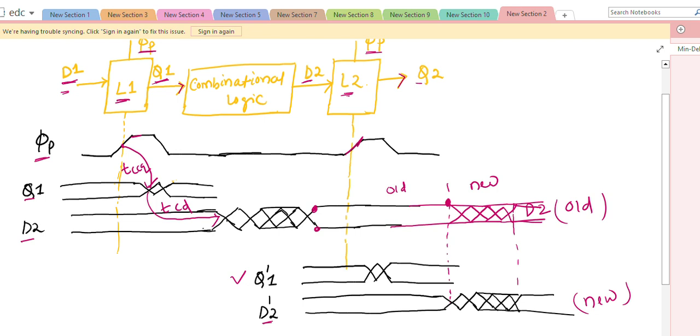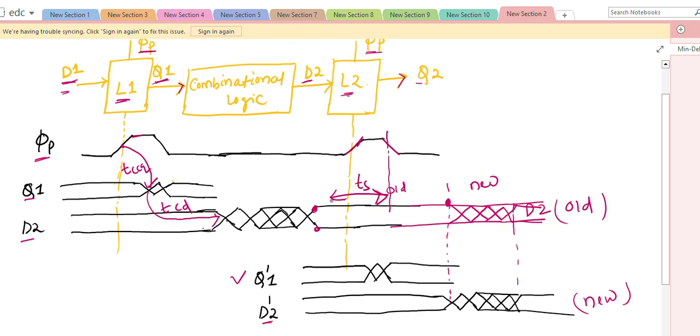Now the problem will be here. We know that a latch must satisfy the setup and hold time at the falling edge. For a flip-flop, the setup and hold time are satisfied at the rising edge, whereas in a latch, the setup and hold time must be satisfied at the falling edge. Now, taking this as the falling edge, before that let us consider this is your setup time, TS.